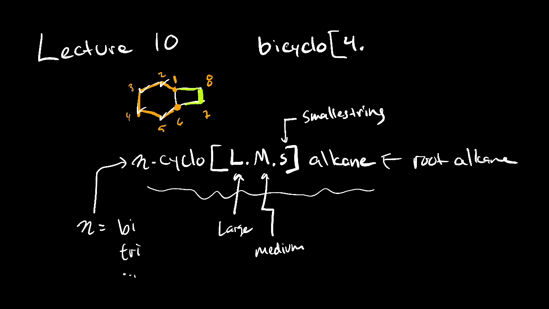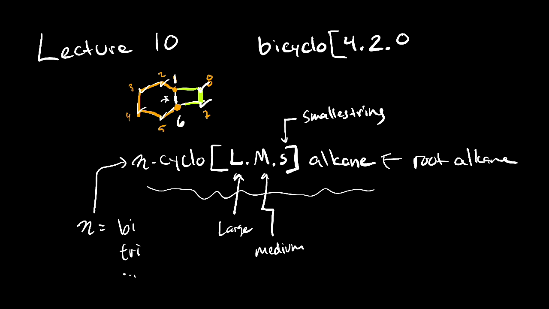Well, this implies that there are 3 rings, right? 1, 2, 3. In a bicyclic system, you take the medium ring to be the smallest ring, so there are only 2 carbons there. And then what's the actual smallest ring? The smallest ring is the bond that connects 1 and 6. If you look between 1 and 6, you will see 0 carbons. There's no carbon in between here and here.